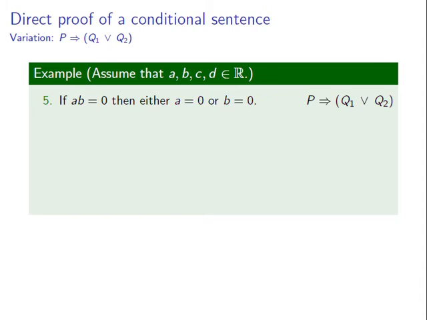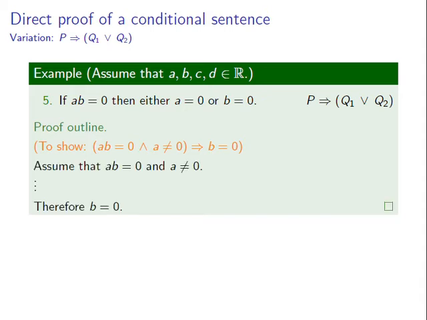Then the claim is a conditional sentence whose antecedent is P and whose consequent is the disjunction of Q1 and Q2. To prove the claim, we need to prove that AB equals 0 and A non-zero implies that B equals 0. Alternatively, we can prove that AB equals 0 and B non-zero implies that A equals 0.